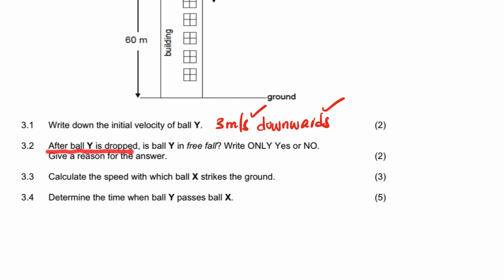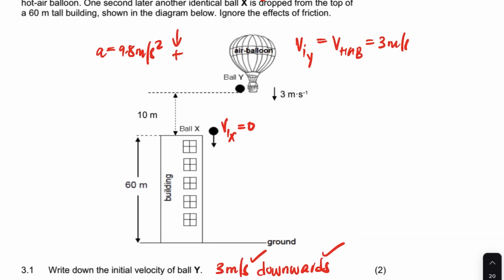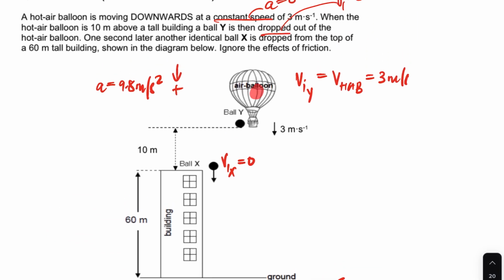After ball Y is dropped, is ball Y in free fall? Only yes or no. It was not in free fall while it was in the hot air balloon, but as soon as it was dropped, it became free fall, because while it was on the hot air balloon, the force acting there was not only gravitational force, there was the force of the fire, which is the force that propels the hot air balloon.